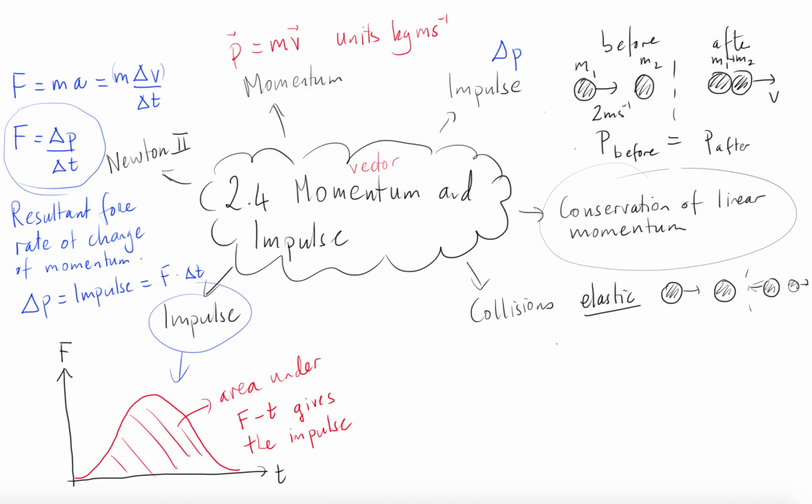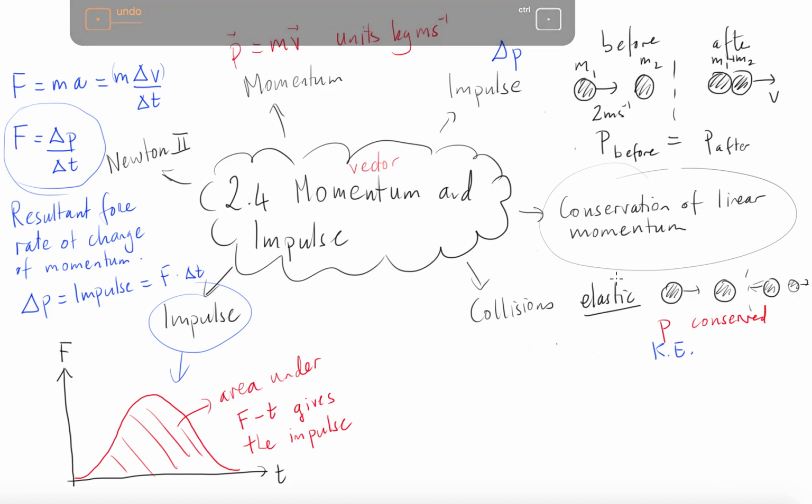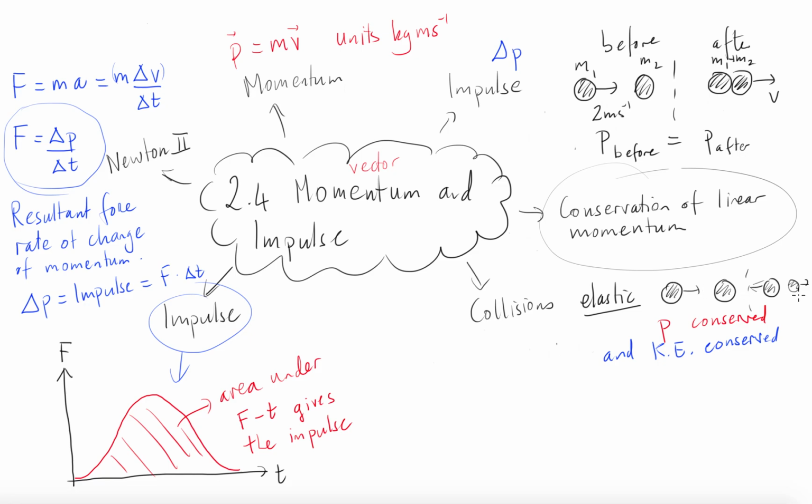In elastic collisions, momentum is conserved and kinetic energy is conserved, which means if we were to add up all the kinetic energies before and after, they would be equal.